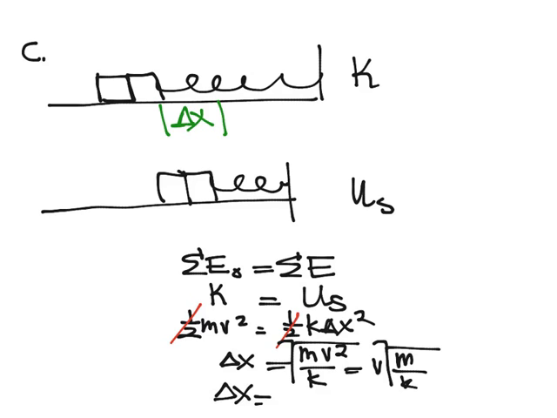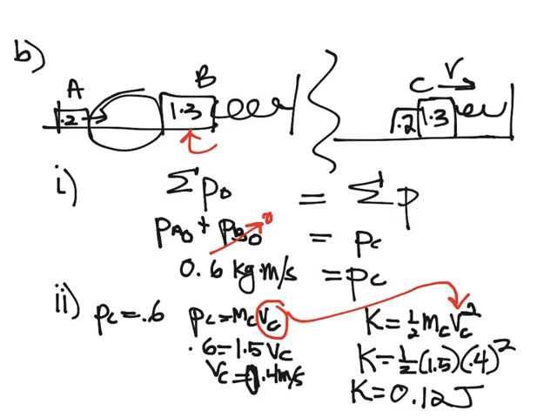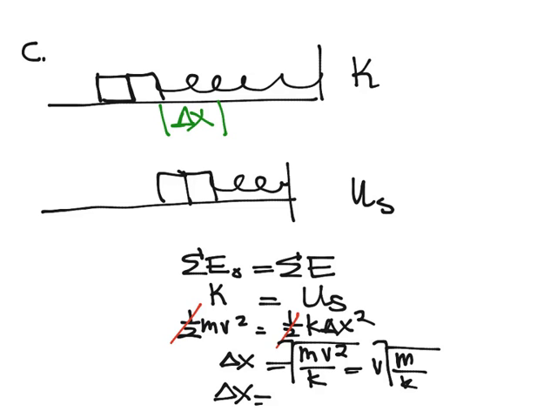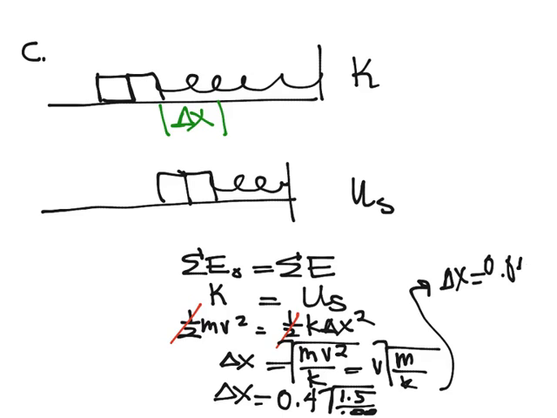I know that the velocity was 0.4, so delta x is 0.4 meters per second times the square root of the combined mass, which was 1.5, divided by k, which was 100 newtons per meter. When I calculate that, I end up with delta x equals 0.049 meters, which is about 4.9 centimeters, and that's a number that makes physical sense.